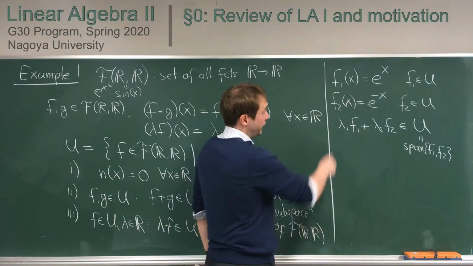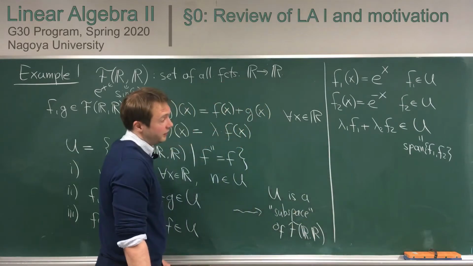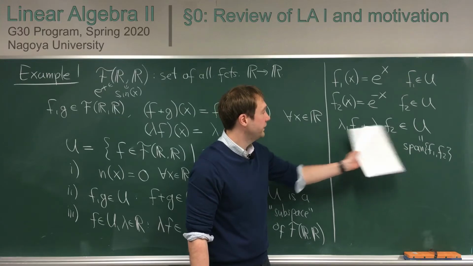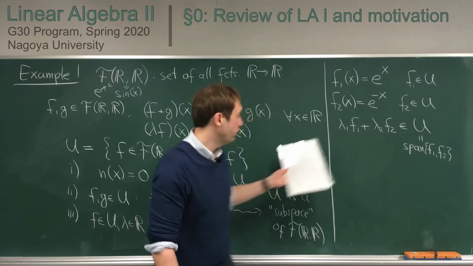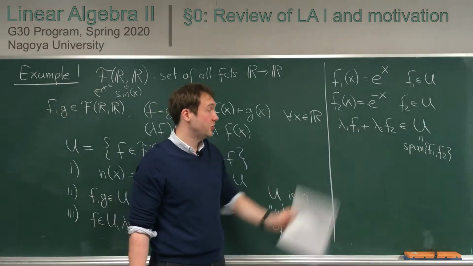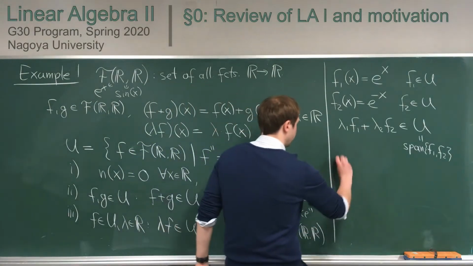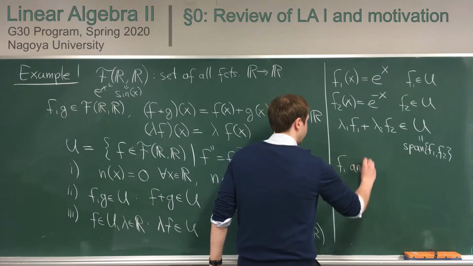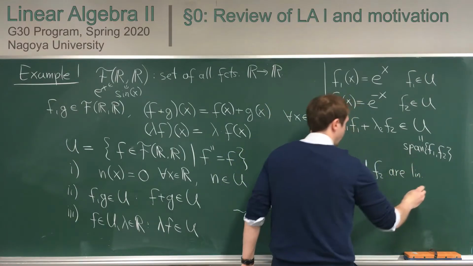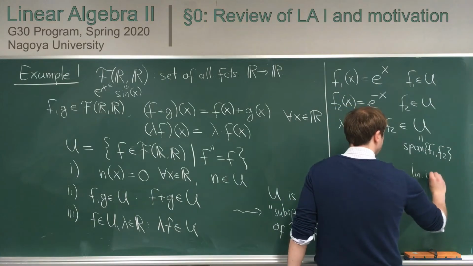And one can also show that these two functions are linearly independent, by which I mean that if this linear combination is a zero function, then these coefficients lambda 1 and lambda 2 need to be 0. So f1 and f2 are linearly independent.